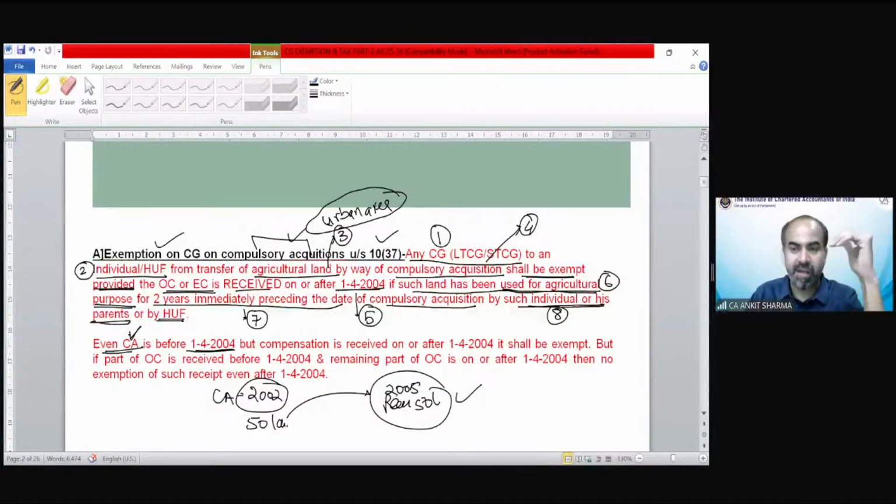So it does not matter when the property has been compulsorily acquired. The important thing is when the amount has been received. If it is received on or after 1st April 2004, exemption would be there. But if compensation is received on or after 1st April 2004, it shall be exempt. Now a very interesting thing.